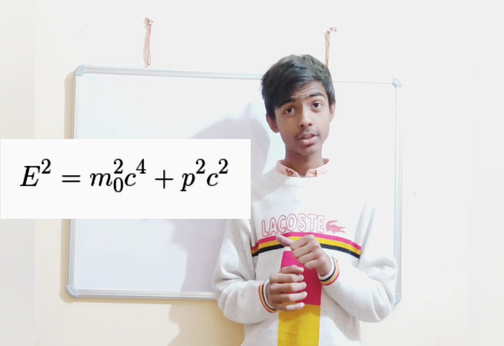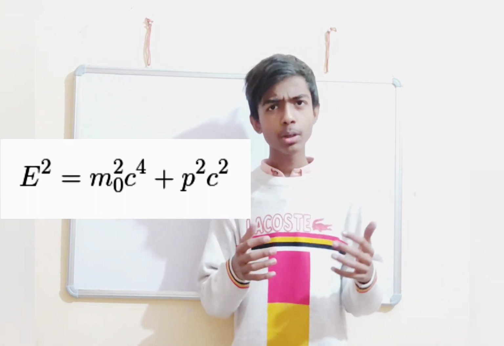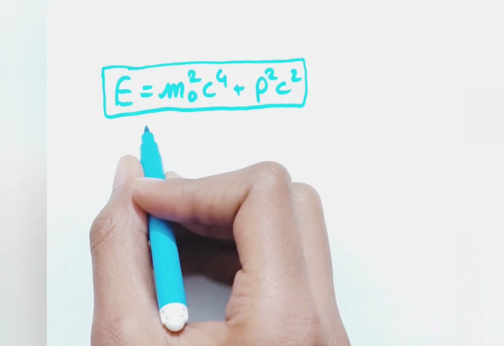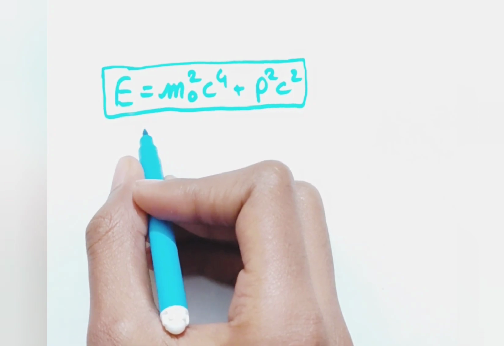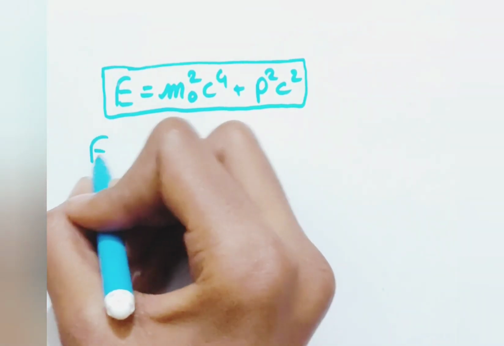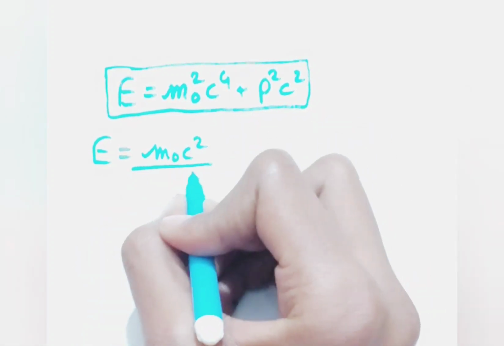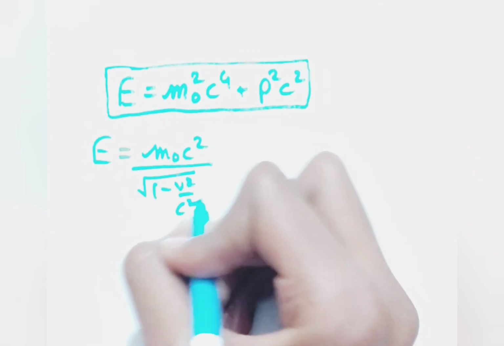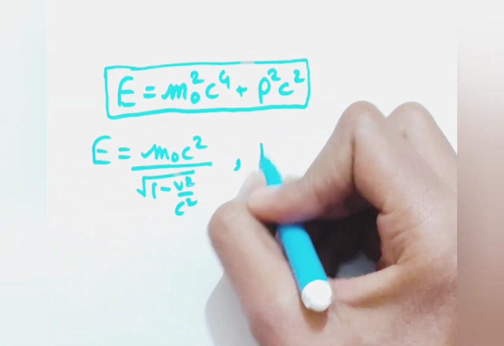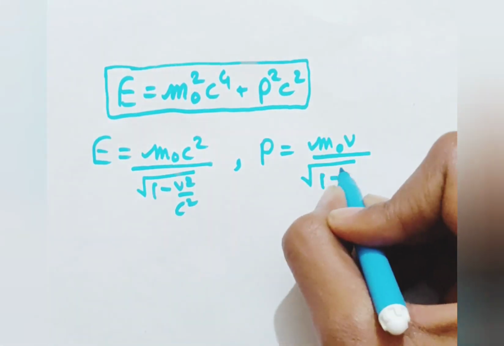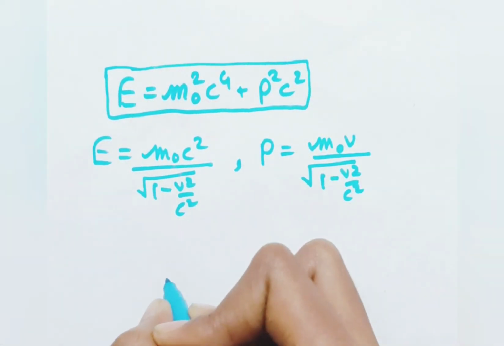So now we have discussed this particular equation, which is known as the relationship equation of momentum and energy. Let's derive it. First we will be looking at the relativistic energy equation, m naught c squared divided by the square root of 1 minus v squared over c squared, and we know that momentum is m naught v divided by the square root of 1 minus v squared over c squared.